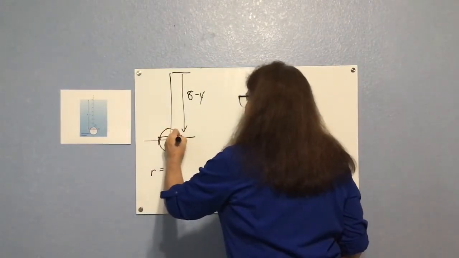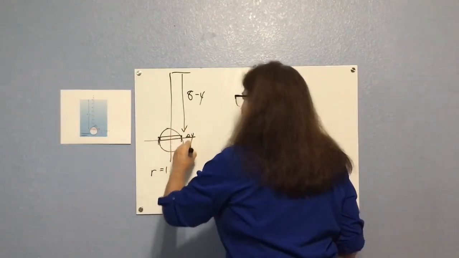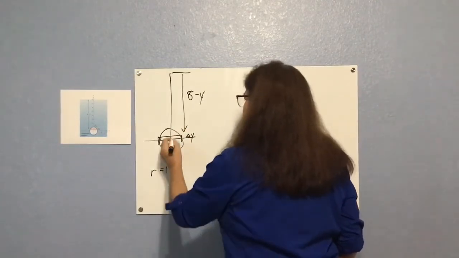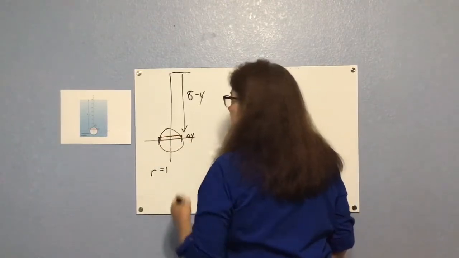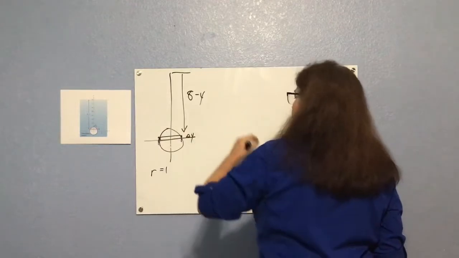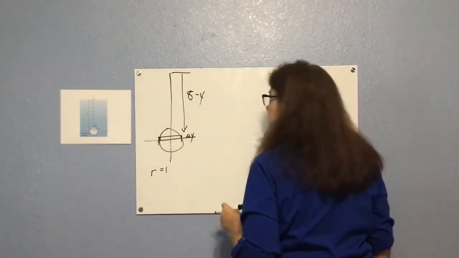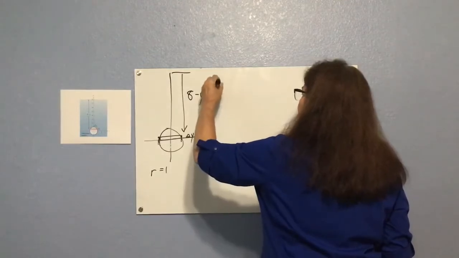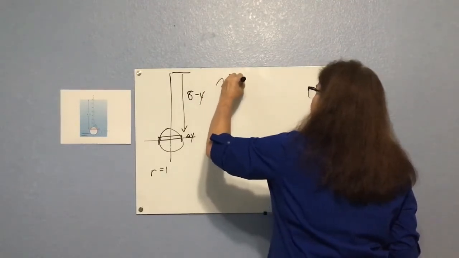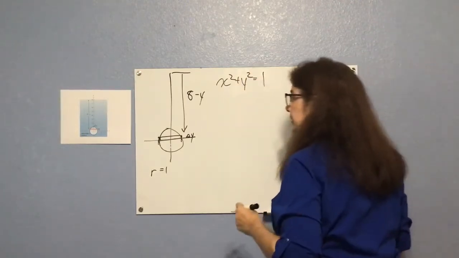Okay, here's our representative rectangle. Again, the height is delta y. And the length of the rectangle would be 2x. Okay, now we're going to use the equation for a circle there. x squared plus y squared equals 1.